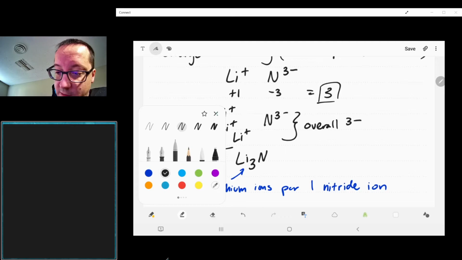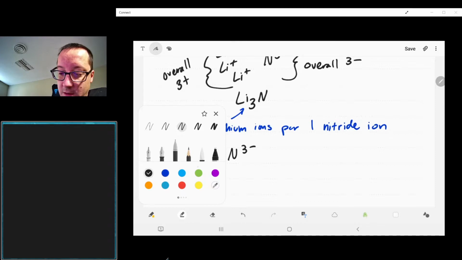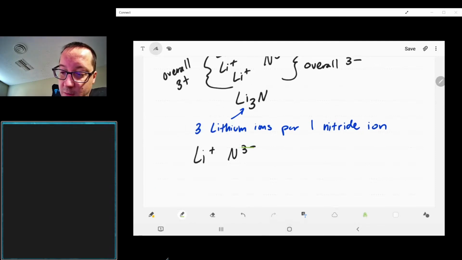Right, another way to do this is a method called crisscrossing, where we take the charge of the ions and make it into the subscript.